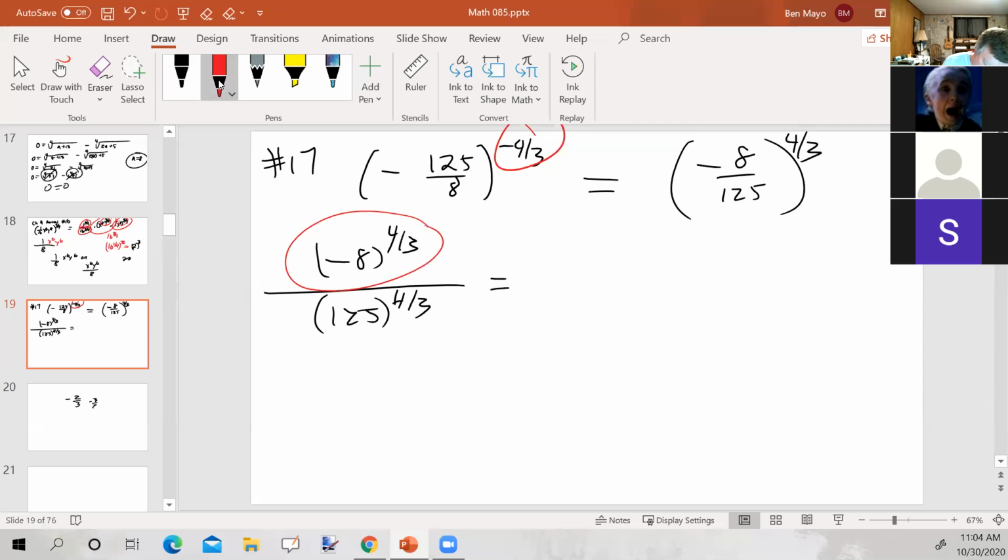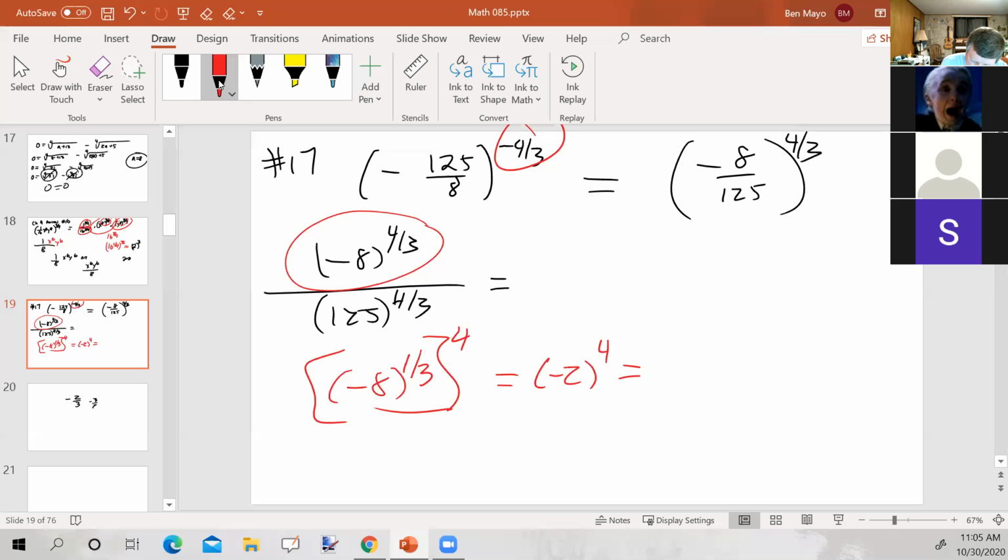Focusing on the numerator, negative 8, I'm going to do the root and then the exponent. So what's the cube root of negative 8? Negative 2. And what's negative 2 to the 4th power?